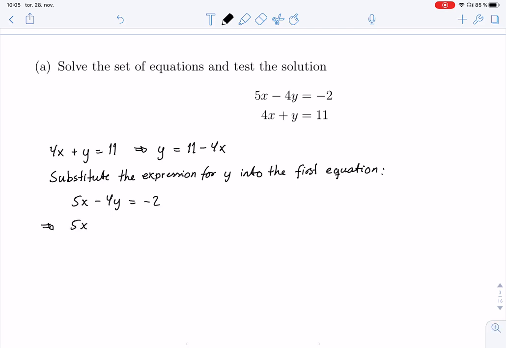And instead of y, we now write 11 minus 4x. We multiply minus 4 with whatever is in the parentheses, so minus 4 times 11, which is minus 44. And we have minus 4 times minus 4x, we get plus 16x.